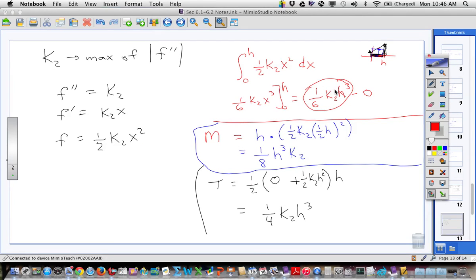Now all I need to do is subtract these. So 1/6 K2 h cubed minus 1/8 K2 h cubed. Oh, look at that. They're like terms. So all I have to do is do a common denominator. 24 here, so that'd be 4/24 minus 3/24. So it's simply 1/24 K2 h cubed.